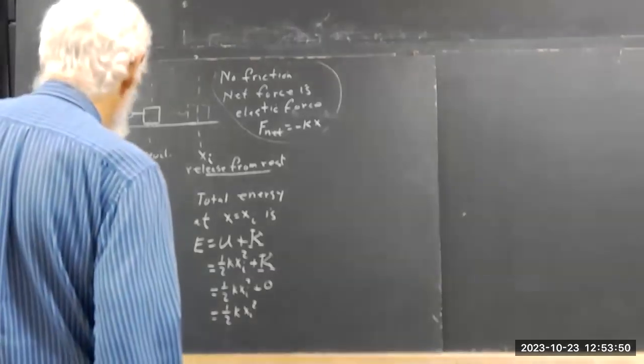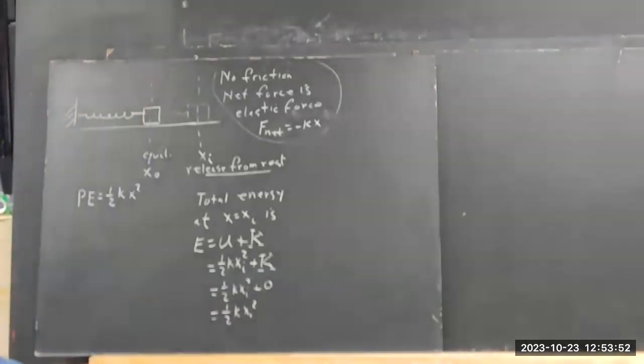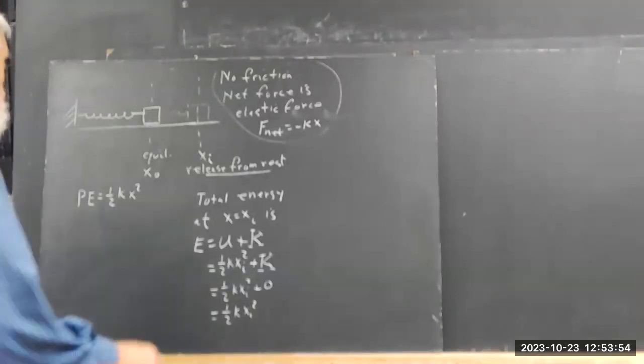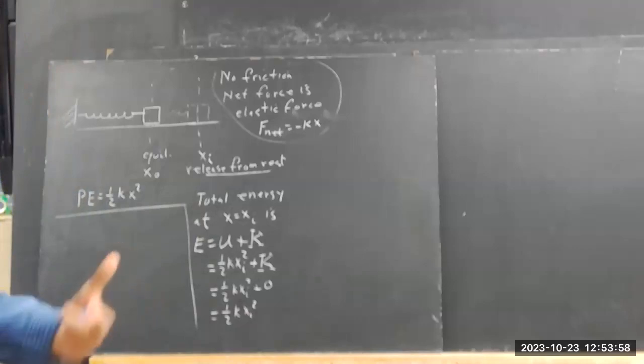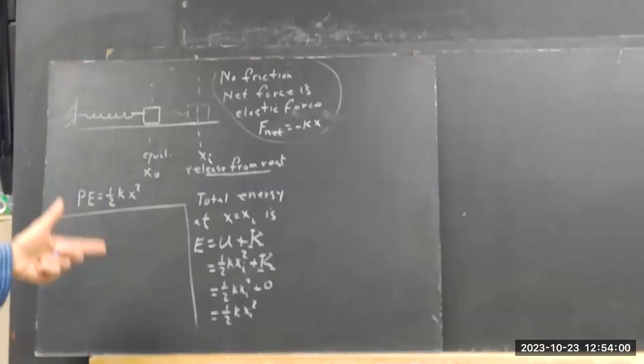Okay. Now I ask how fast it's going at equilibrium. Well, how do you use energy considerations to figure that out? Well, can you answer what the total energy would be at the equilibrium position and why?